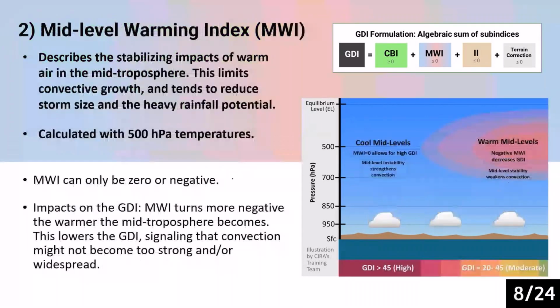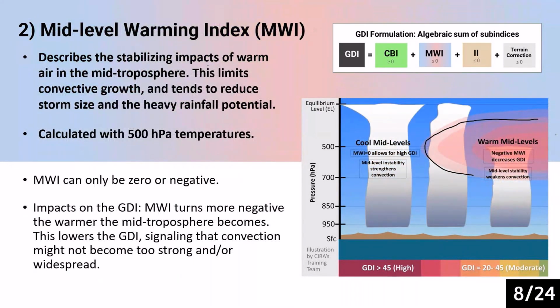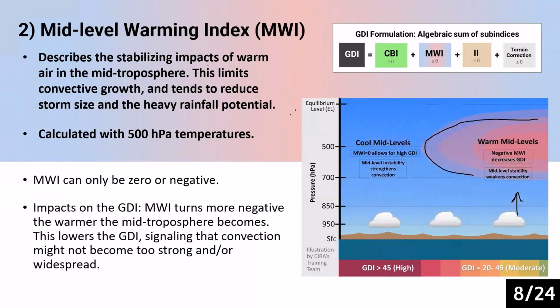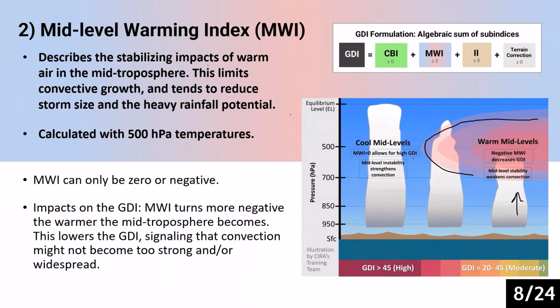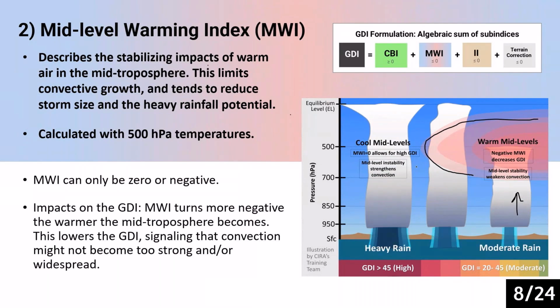Now, the mid-level warming index describes the stabilizing impacts of warm mid-level ridges. As we mentioned, if you have warm mid-levels, the convection that's forming is going to struggle to become robust. Whereas if you have cool mid levels, that usually associates with a more unstable environment in the mid troposphere, and the convection will tend to be more robust and will have higher chances of producing heavy rainfall.